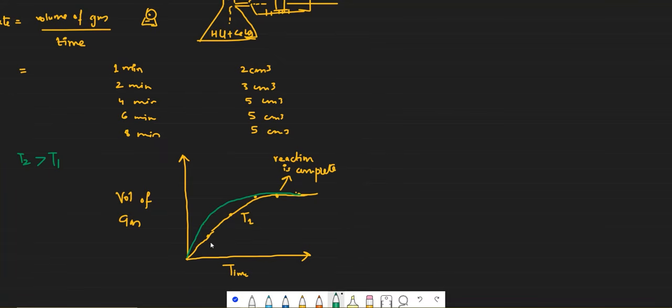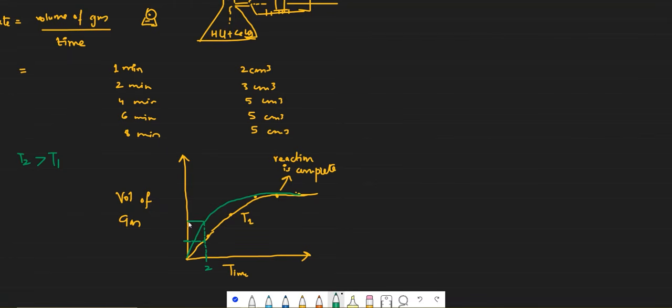For better understanding, let's say this was 2 minutes. After 2 minutes, according to this curve, only this much gas was collected, and after 2 minutes the curve in green collected this much gas. So clearly the green curve is a faster curve because it is collecting more gas.